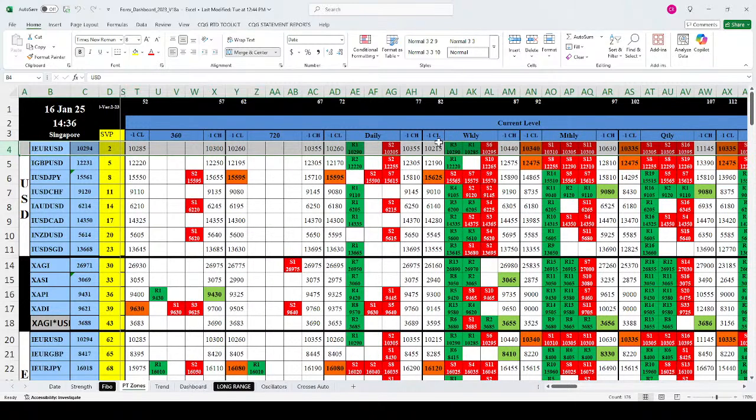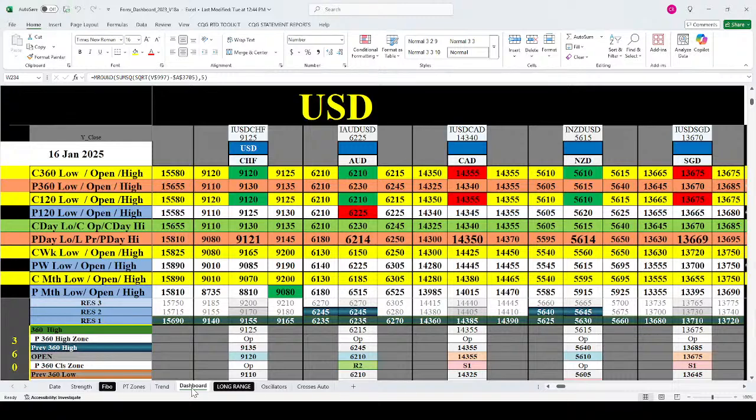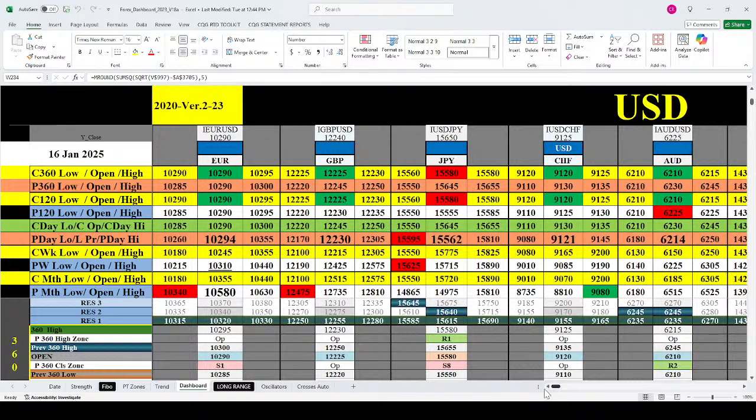I wouldn't consider this a major bottom, but in the last 2 days the CPI and the PPI data came out soft, so the market is expecting and projecting a rate cut, and that's one of the reasons why we have seen the dollar weakness.